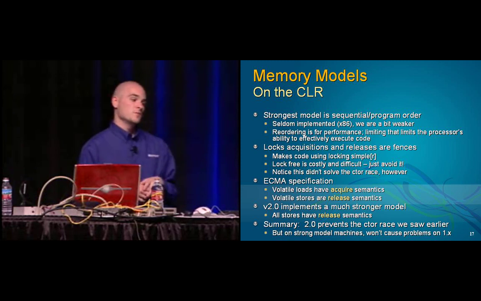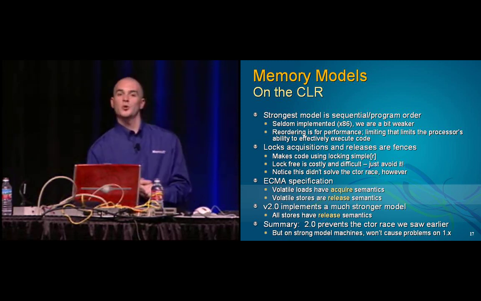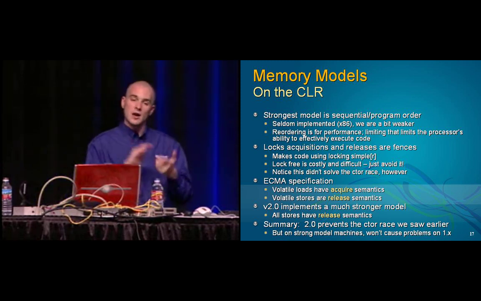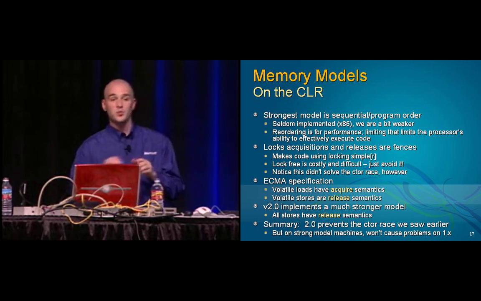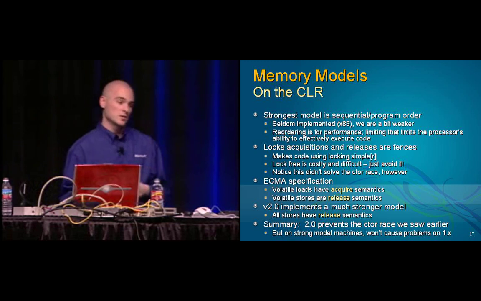So this is the reason why some of you might read on the internet, double-check locking is broken, it doesn't work on the CLR. It actually does, and we guarantee it as of 2.0. It probably worked beforehand because the processor you were executing on wasn't reordering things, but it wasn't guaranteed.